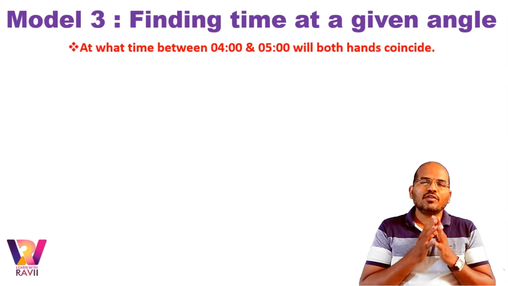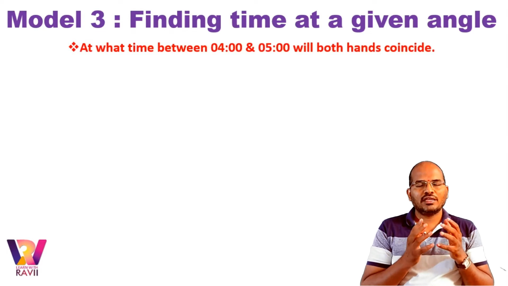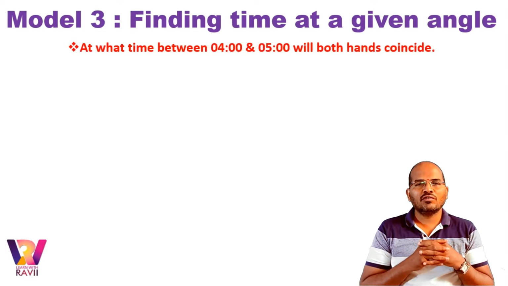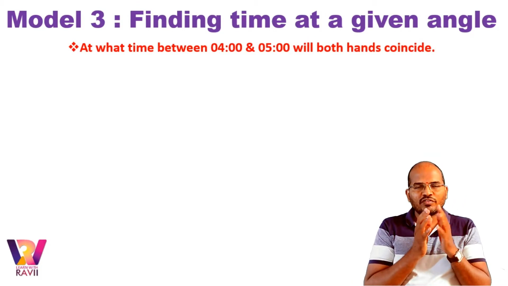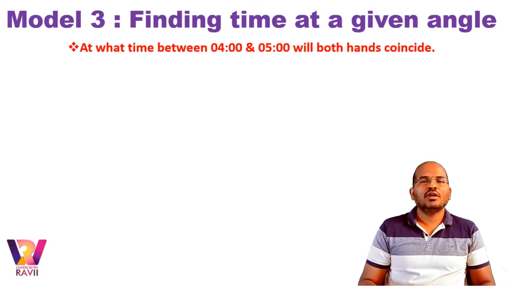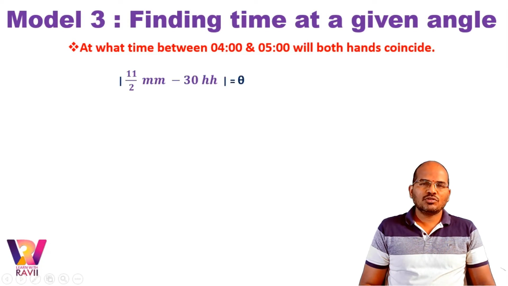Now moving ahead. At what time between 4 and 5 will both the hands coincide? As he used the word coincide, the angle will be 0. So he wants us to find the time between 4 and 5 where the angle is 0. Now we use the same formula, 11 upon 2 mm minus 30 hh is theta, and given theta is 0.